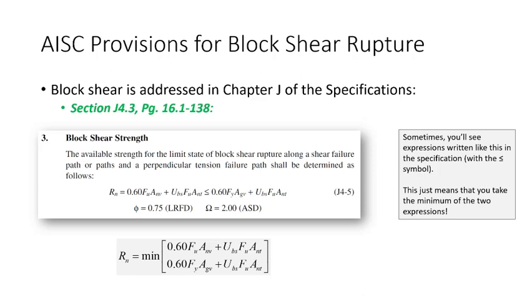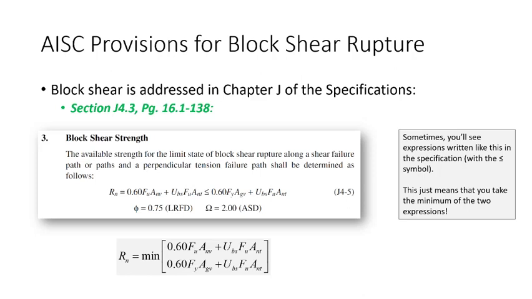Section J1 is just intro. J2 is on welds, J3 is on bolts. We're in J4, which is the governing strength of connecting elements, right? So that kind of is where we're at here, because we're not really talking about the bolts. We're talking about the stuff the bolts are connecting, right? So we're talking about the tension members. That's kind of why we're in Chapter J of the specification.